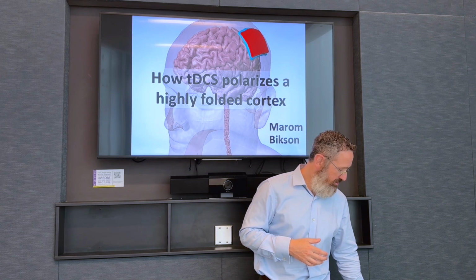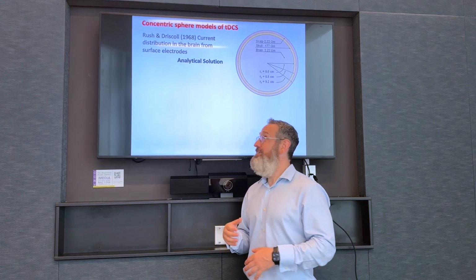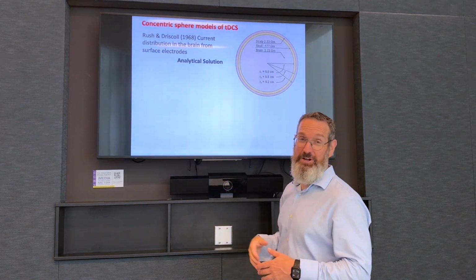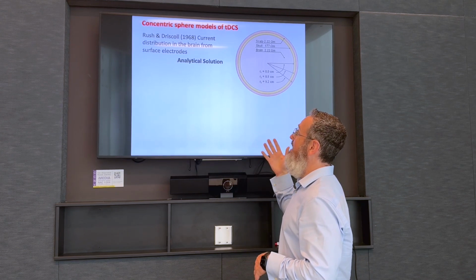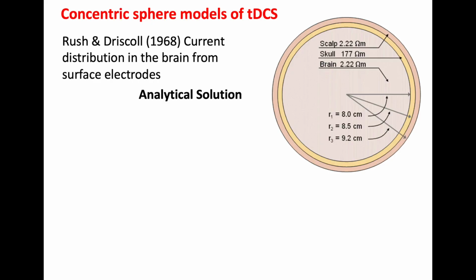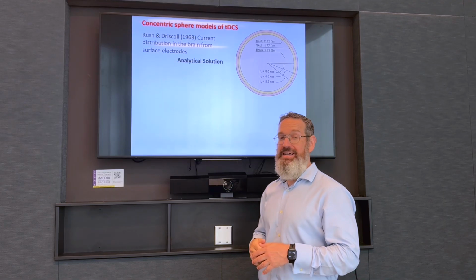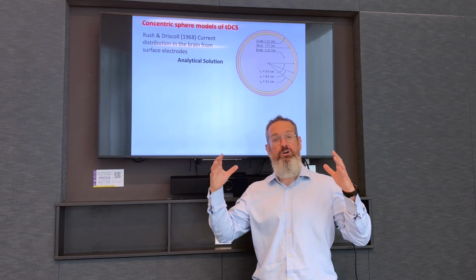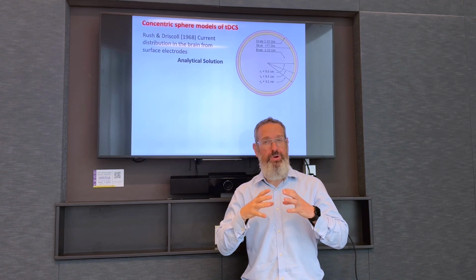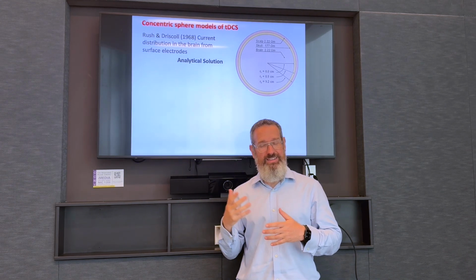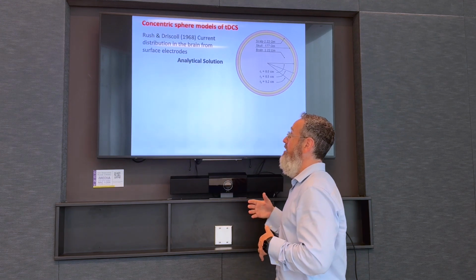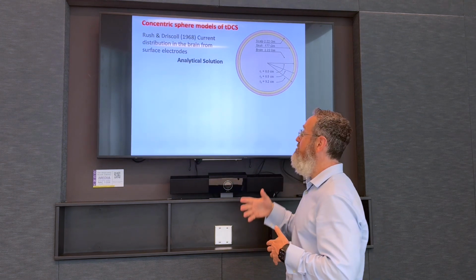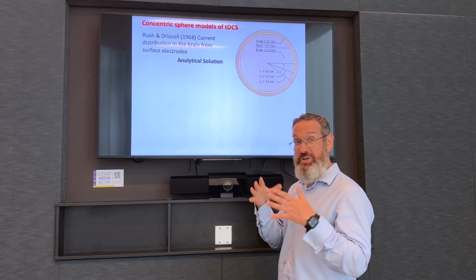All right, so this story actually begins a long time ago in 1968 with very pivotal work by Rush and Driscoll. And one of the things they did in this very compelling report is they modeled how current enters the brain. Now, at this point in time, they had to rely on very simple analytical models. And in this case, it was just a three-sphere model.